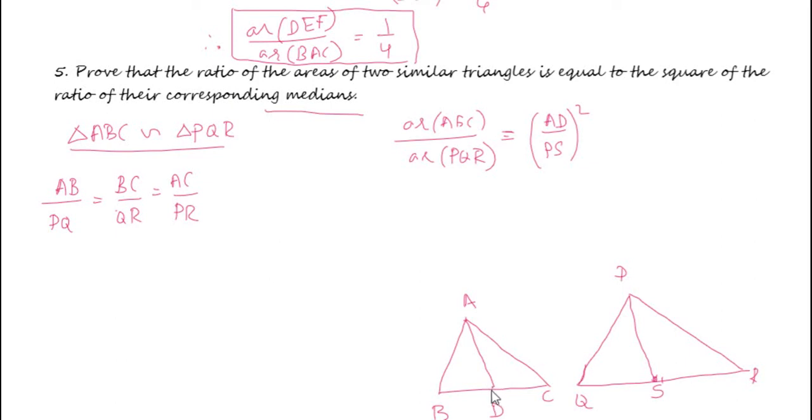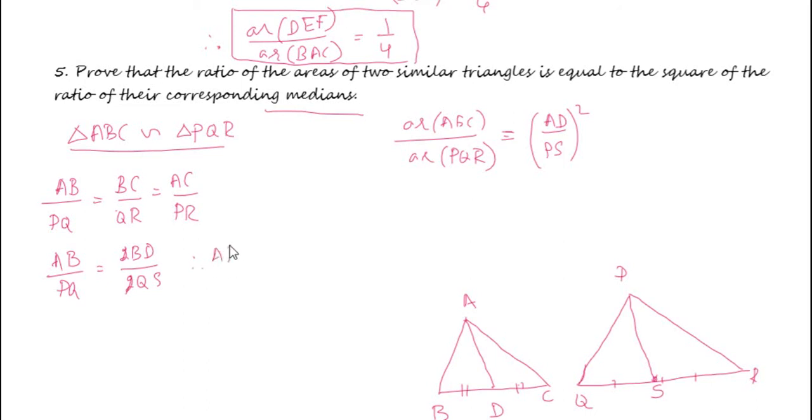Now D is the midpoint of BC because AD is the median. So BD equal to DC. Same way QS equal to SR. I can write BC as 2BD and QR as 2QS. So now this will become AB divided by PQ is equal to 2BD, BC is 2BD, divided by QR, QR is 2QS. 2 cancels.